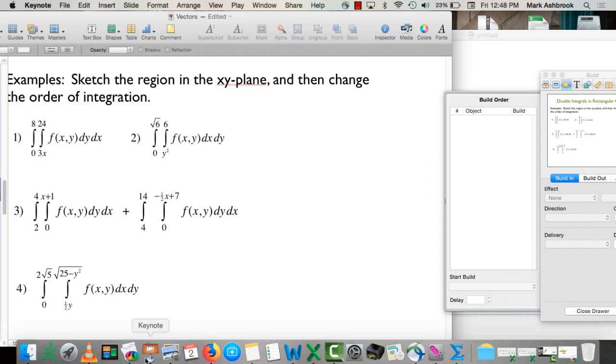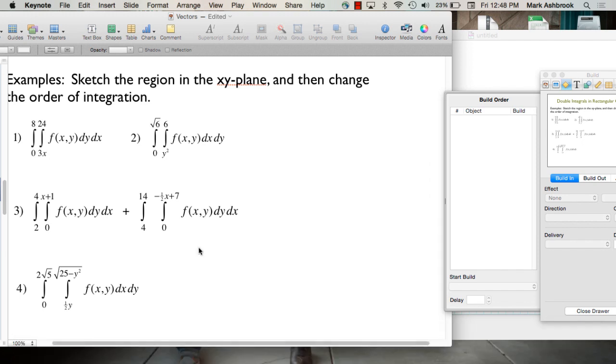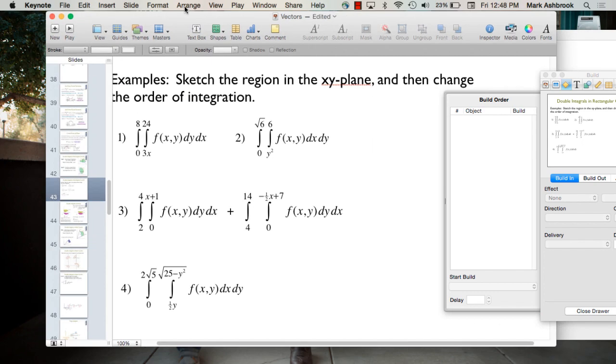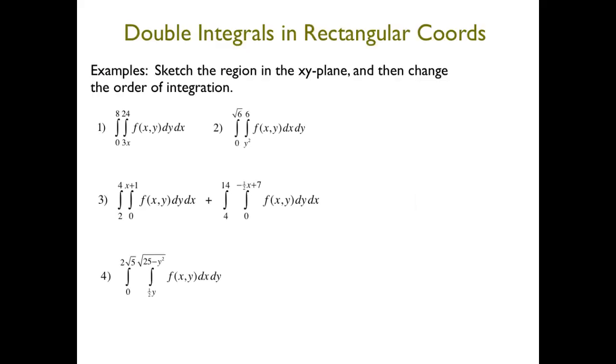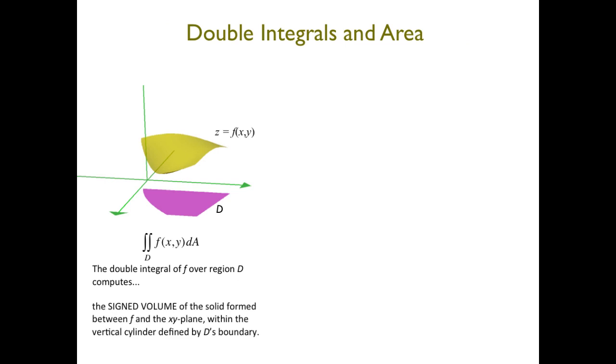So I want to talk about what double integrals find again. Volume? Not volume. Signed volume, right? Difference of volumes, okay? So here I've got this region D and some surface over it.